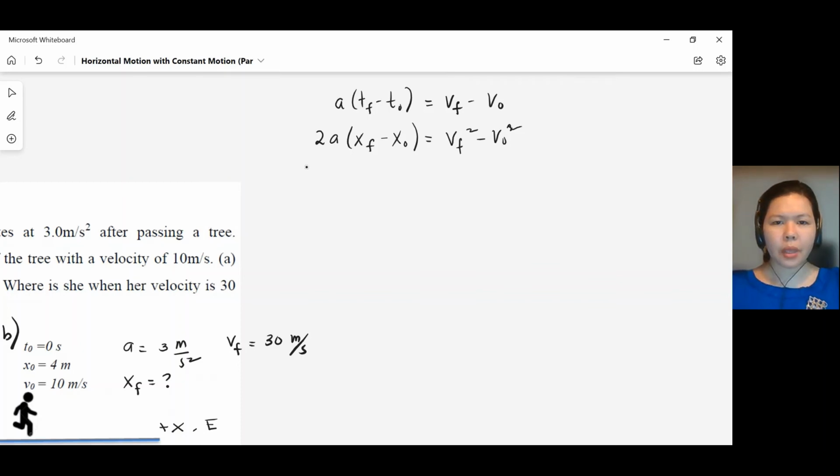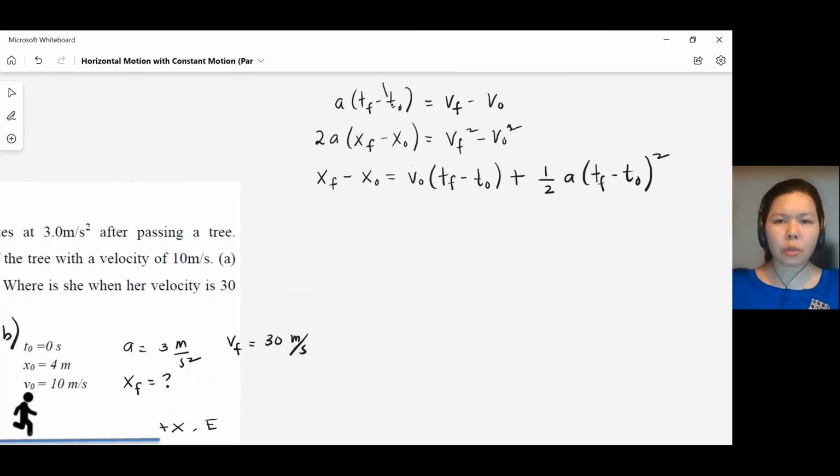And XF minus XO equals VO times TF minus TO plus 1/2 A times TF minus TO squared. I am not dropping TO since TO is 0. And we are after XF. Unknown is XF, question mark, above our XF variable.